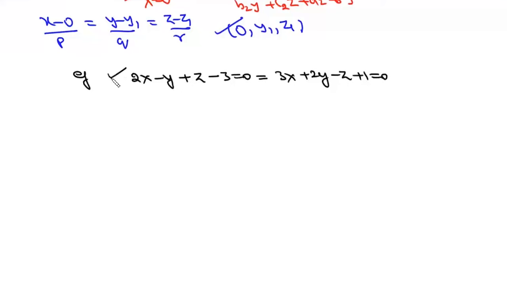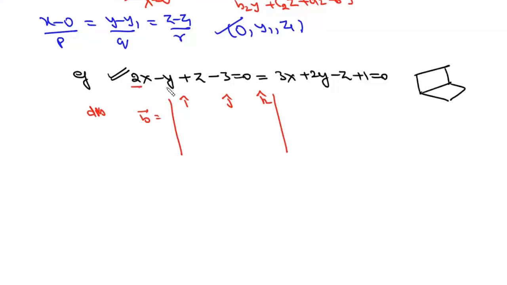Now we have to express this line in symmetrical form, or find the line of intersection of these two given planes. First we'll find direction ratios of this line, which is given by this cross product.